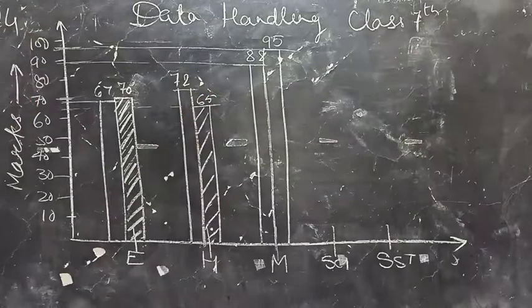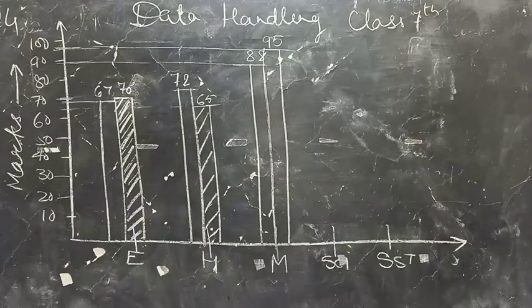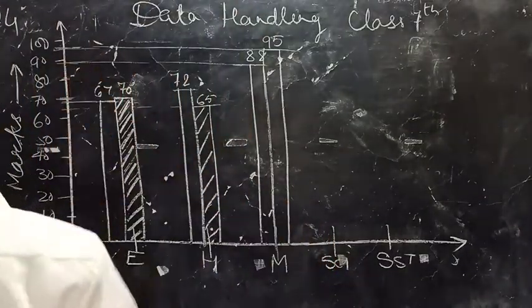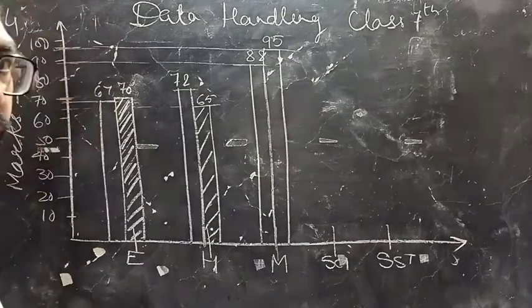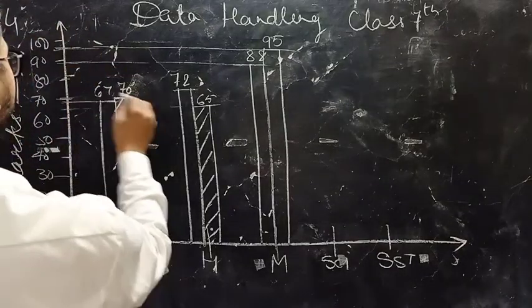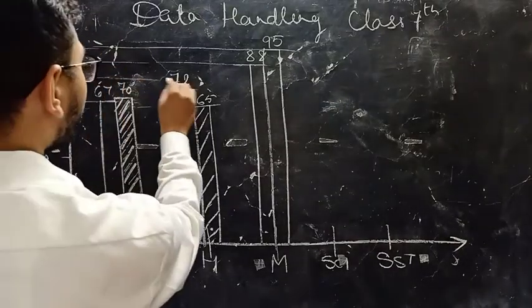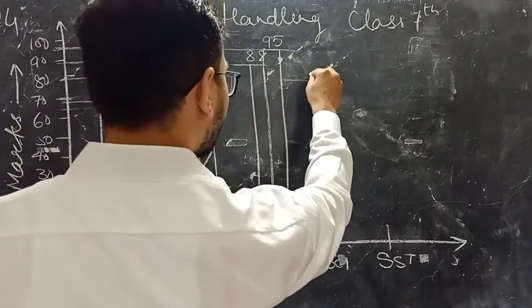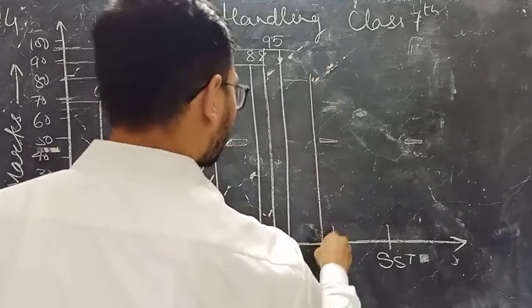Now, in science he got 81 marks. So 81 is much closer to 80 but above it. This is for 80, so 81 is somewhere above 80.